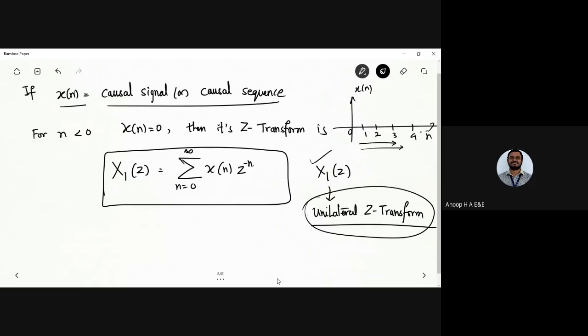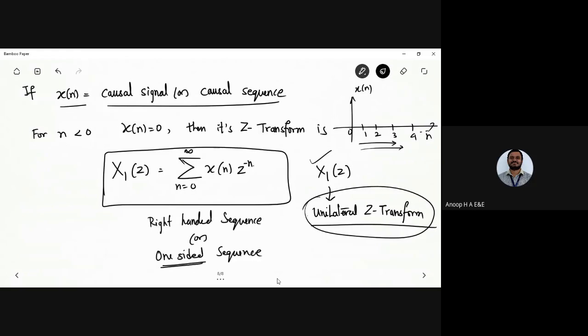Only these values, the positive integer values, are present, so you can analyze such transforms to be a unilateral transform, or a right-handed or one-sided sequence. One-sided generally refers to the right-handed sequence itself.